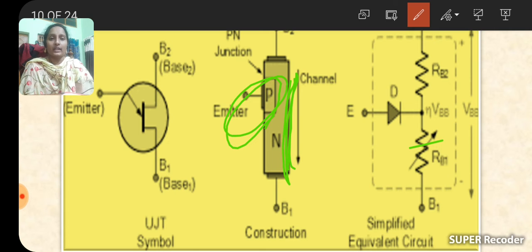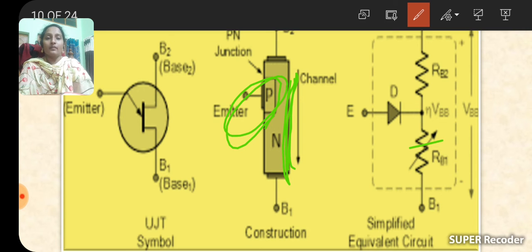First you take an n-type semiconductor bar, then a heavily doped p-type semiconductor is introduced into the n-type semiconductor bar.